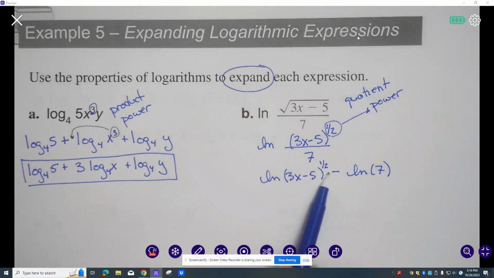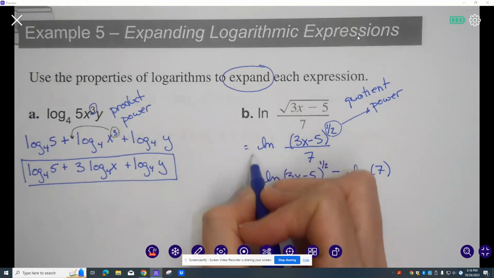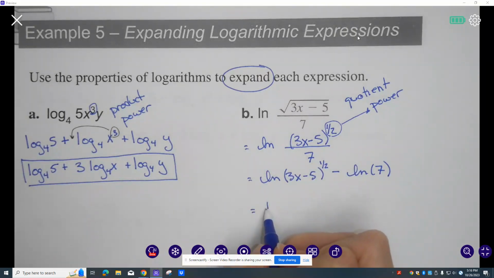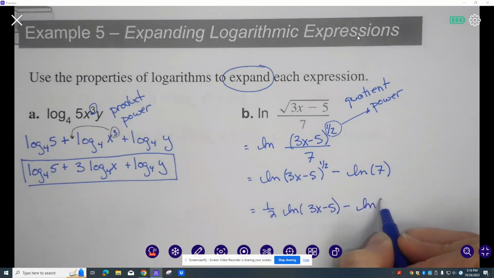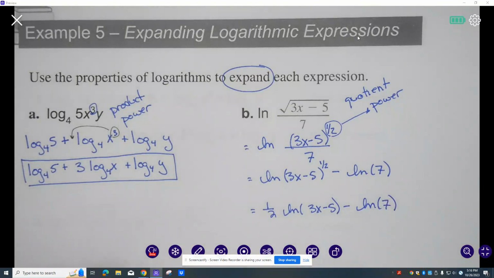So this, I want to use the power rule and hop that down in front. So these are all equivalent. I can put equal signs there. So 1/2 natural log of 3x minus 5 minus natural log of 7. So I've expanded that all out. There's really nothing else I can do.